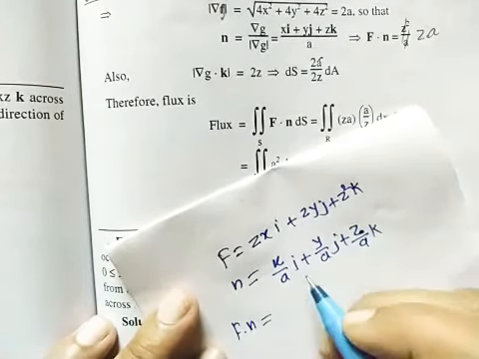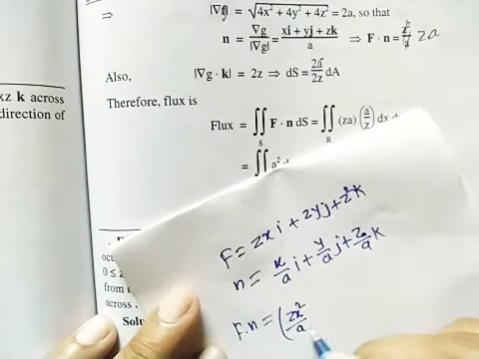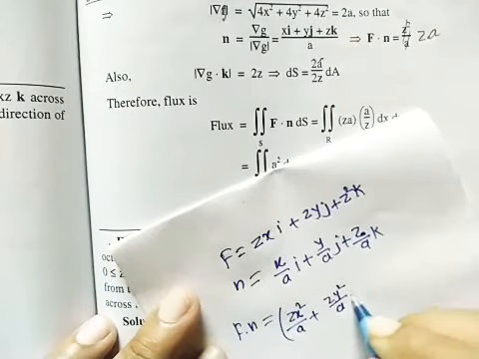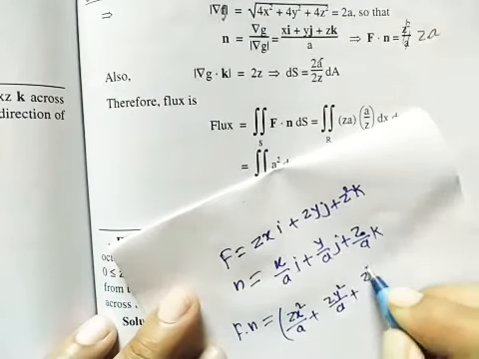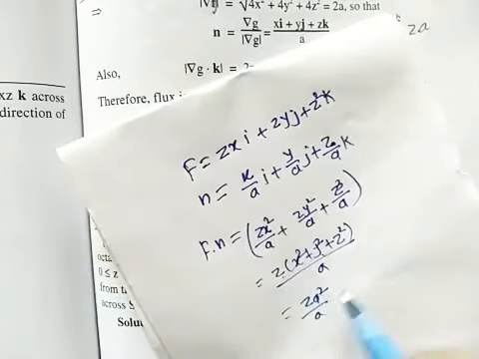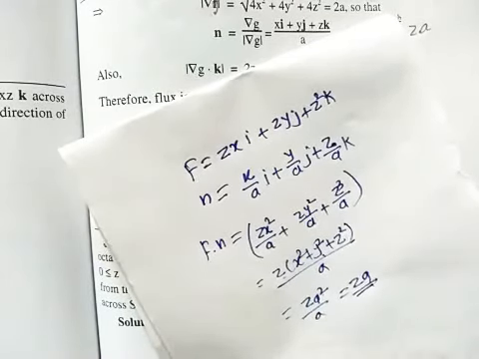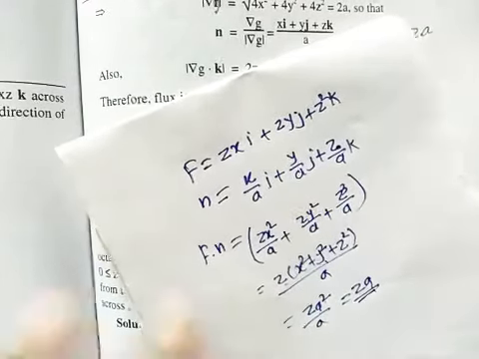So that will be zx into x upon a, that is zx square upon a, plus zy square upon a, plus z cube upon a. Here we can take z common, so that will be z times x square plus y square plus z square upon a. But what is x square plus y square plus z square? It is given as a square. So z a square upon a. So finally we get the dot product as z into a. So F dot n is equal to z a.